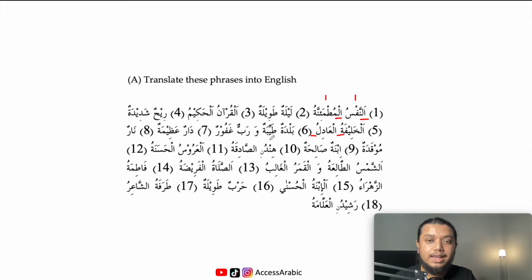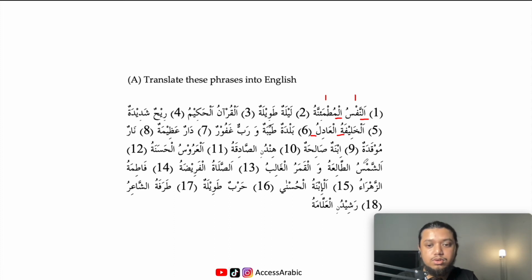The just caliph is how it will be translated literally into English. Number 6 is baldatun tayyibah wa rabbun ghafur. That is a good city and a forgiving Lord. Number 7 is darun azimah, a great house. Dar means house.